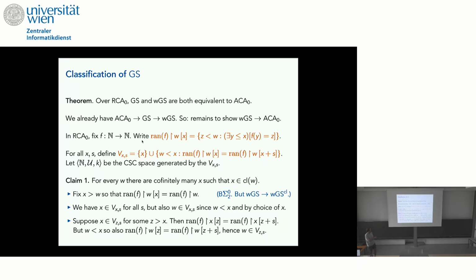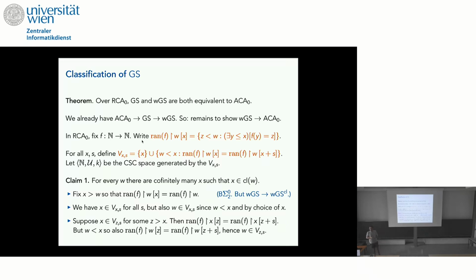We know that for each number smaller than W, either it's not in the range, which is a pi1 fact, or it has a witness to being in the range. So we can reformulate that. We can say for every number smaller than W, there's a witness such that either it's not in the range or that witness is a witness to it being in the range. Does that make sense?